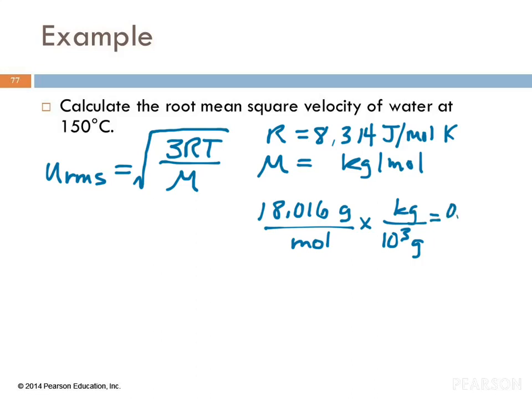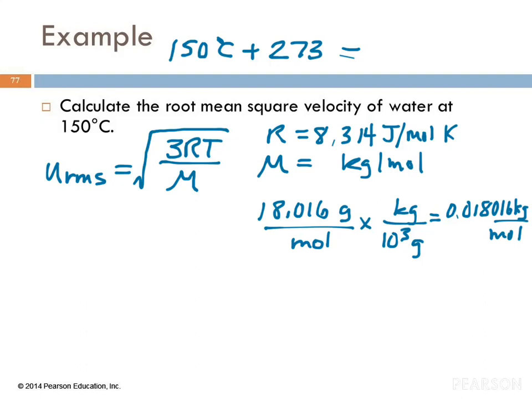We end up with 0.018016 kilograms per mole. 150 degrees Celsius, I have to convert that to Kelvin. So that ends up being, what, 323? No, 423. 423 Kelvin.